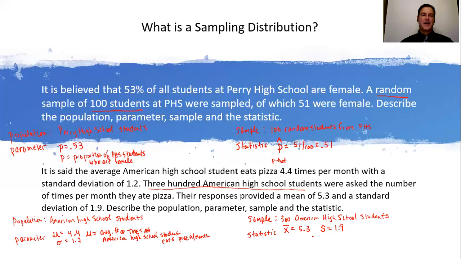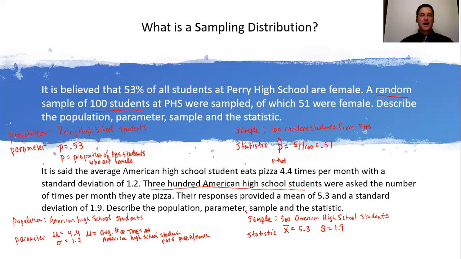Okay. And I don't have to redefine for now because I think we're still talking about averages. But this would be x bar is the average number of times an American high school student ate pizza amongst the 300 students that were in our representative sample.